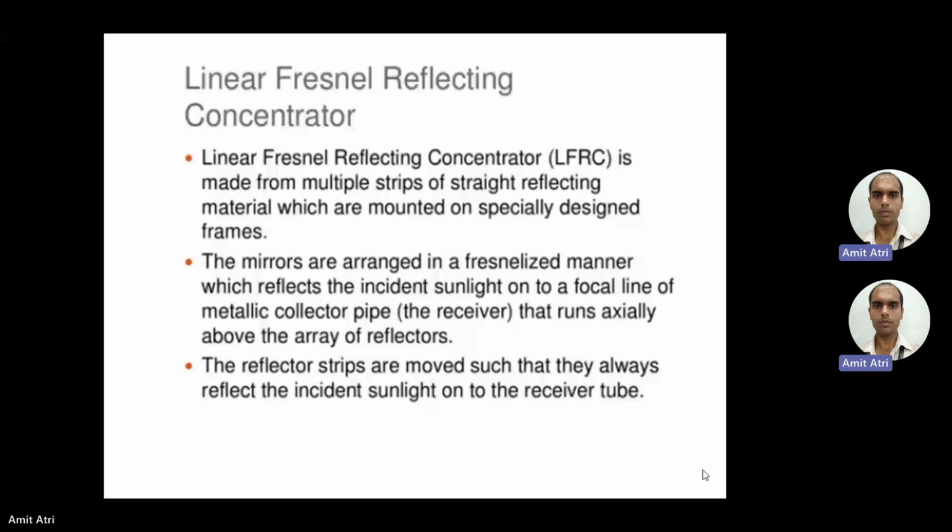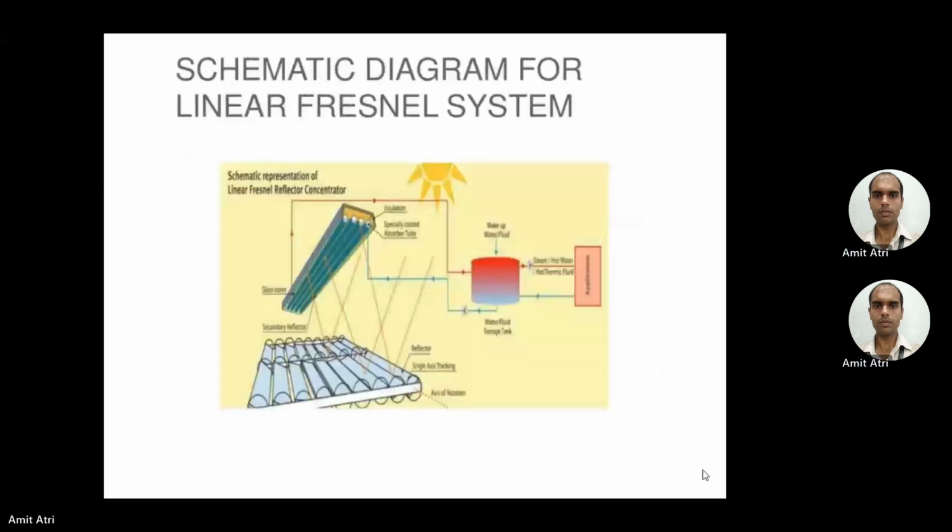Okay, now coming to the diagram here, on the lower level base, on the ground level, we can see so many strips are there. Okay, these strips, they are reflecting through this, like on the base, the sunlight is falling, it is reflecting back upside.